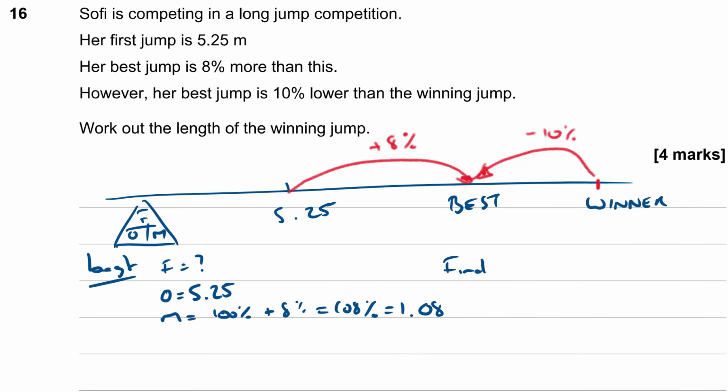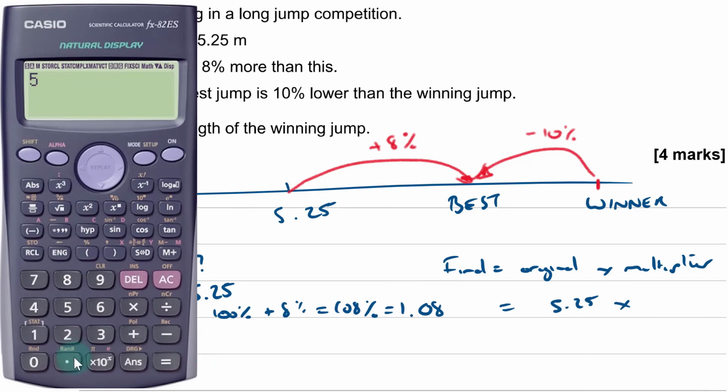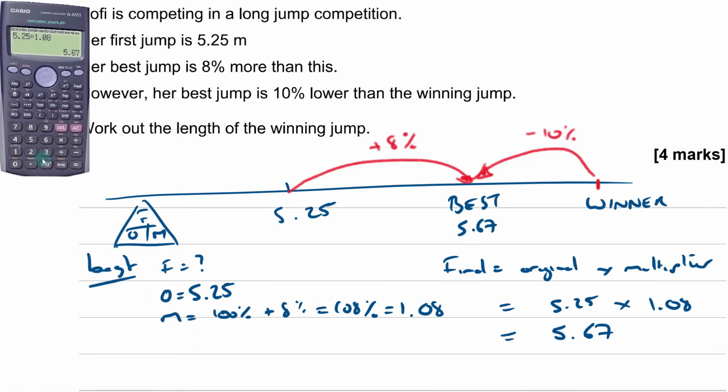So our final is equal to our original times our multiplier. In this case, the original was 5.25 times a multiplier of 1.08, and that gives me 5.67. So 5.67 is her best jump.